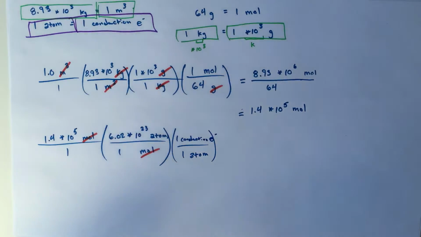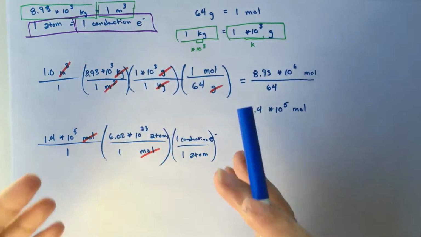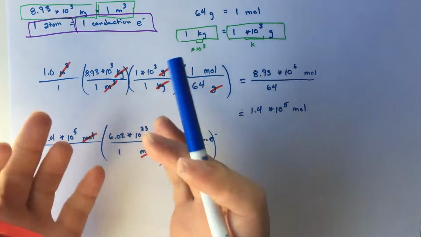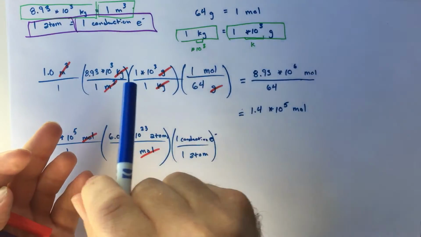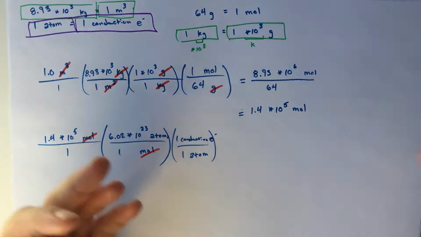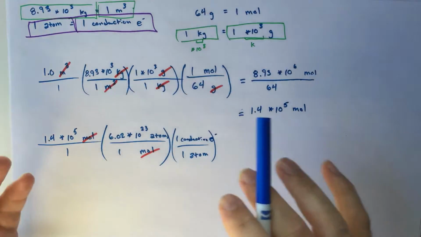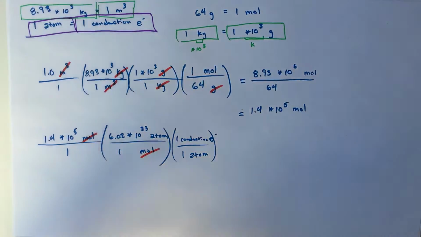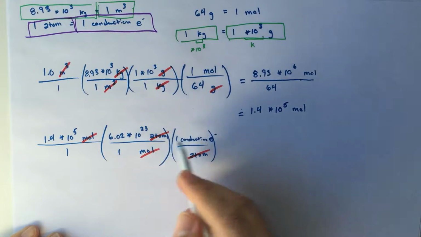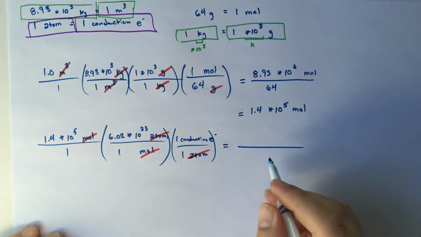electron. That's not to say how many electrons we have, because there's a lot more electrons than that, but the rest of them are bound around their atoms, and just 1 for each atom is released into this pool of electrons that can swim around between these what are now positive ions. All right, so this lets us cancel atoms and atoms, and we have 1.4 times 10 to the 5th times Avogadro's number on top over 1.